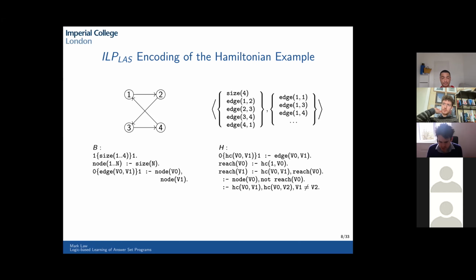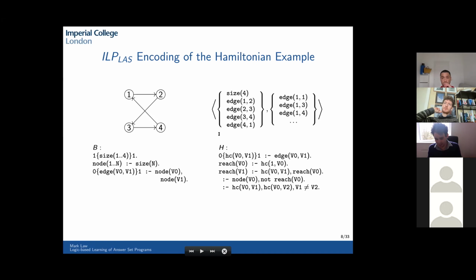Okay, so yes, we can represent non-binary properties in that sense. The only thing that's binary is whether the example is covered or not, right? So the atoms themselves that are in the partial interpretation can represent things which are non-binary.